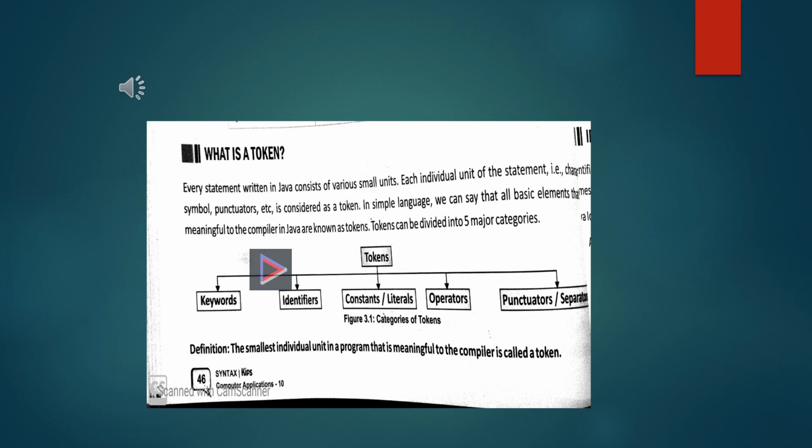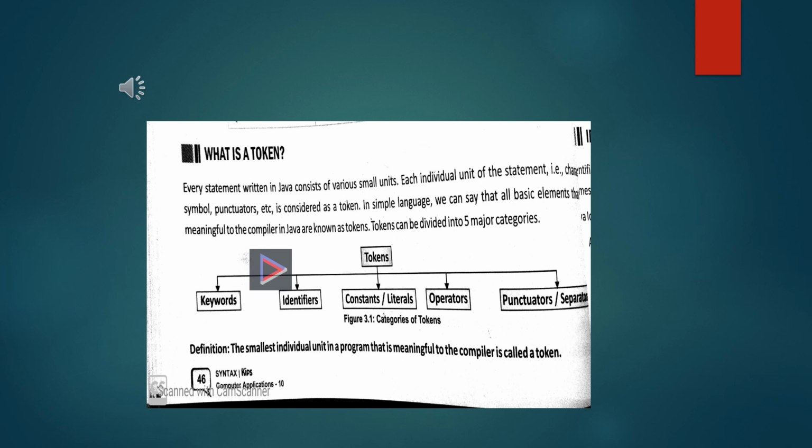Now we have to discuss what a token is. Just like various words arranged in a sequence form a sentence which has a meaning, in the same way a Java statement is also a combination of what? Characters, symbols, punctuators.